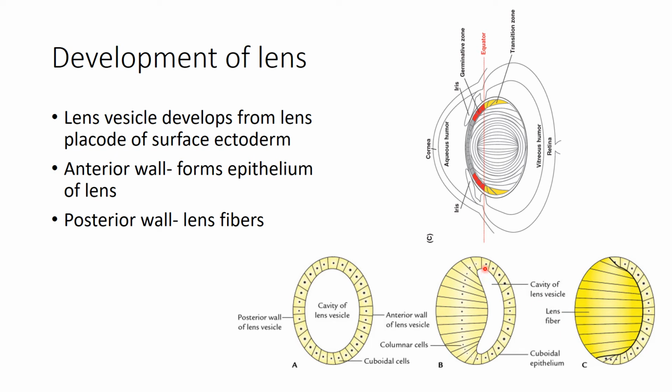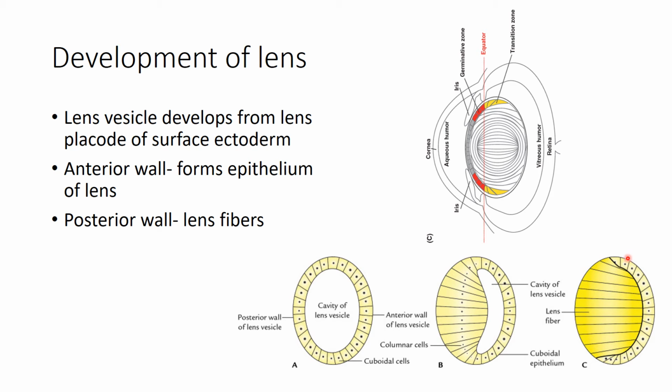Then the anterior layer of this lens vesicle has cuboidal cells, but the posterior layer forms tall columnar cells, which later lose their nuclei and form fibers. We call them lens fibers.